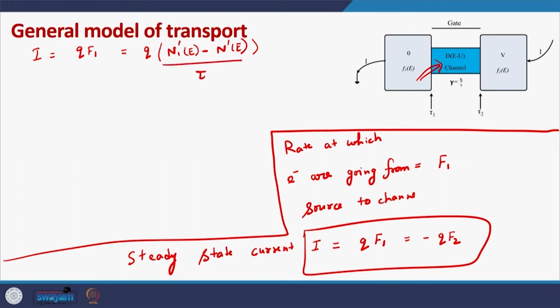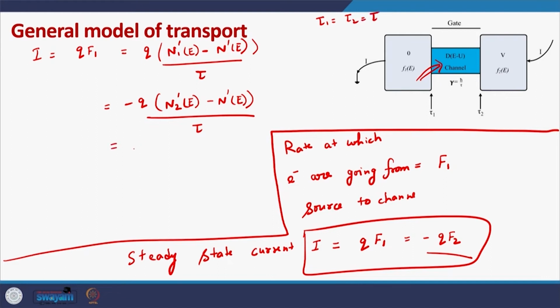It can equivalently be written, from minus Q times F2, as (N2 prime E minus N prime E) divided by tau. As I have made clear, tau 1 is equal to tau 2 is equal to tau is assumed.